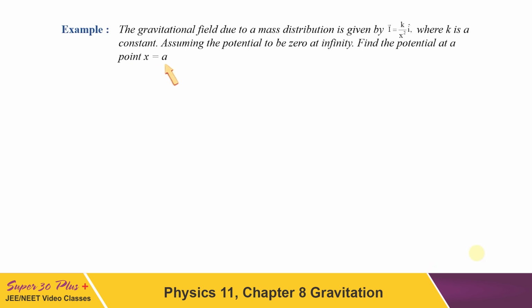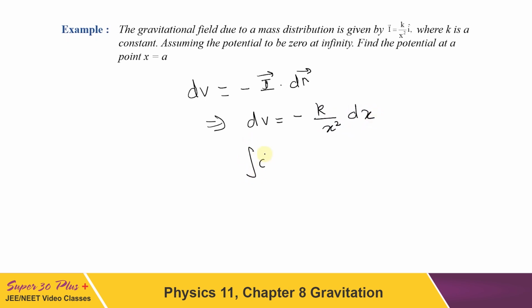We know the relation between potential and field, so directly it can be written dV as minus I dot dr, where I is written for field intensity. From here we can write dV is equal to minus K by x square, and dr can be written as dx, as the field distribution is only along the x direction.